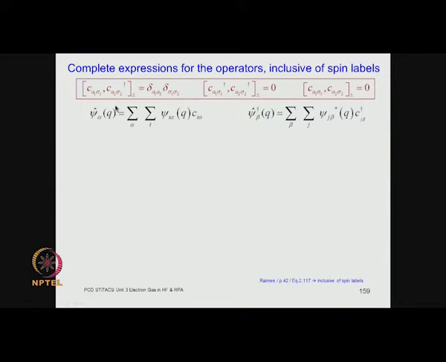Having spelt out the spin label as sigma, you have 2 operators over here, A1 and A2, correspondingly sigma 1 and sigma 2, and these are then the commutation or anti-commutation relations appropriately for bosons and fermions. For fermions, you have the anti-commutation relations for the creation and destruction operators. For bosons, these are the commutation relations.